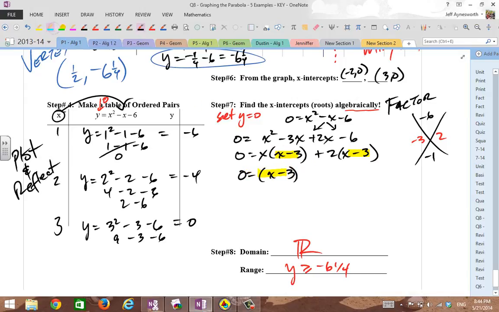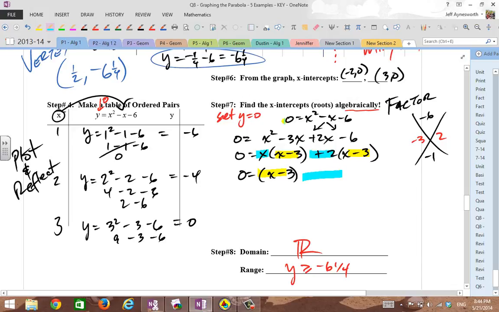I'm going to multiply it by the remaining factors, x plus 2. And then I'm going to ask myself some simple questions. What number minus 3 is 0? It's got to be 3. 3 minus 3 is 0, usually, especially today. And since negative 2 plus 2 is 0, the other answer has to be negative 2. And guess what? These are the x-intercepts.